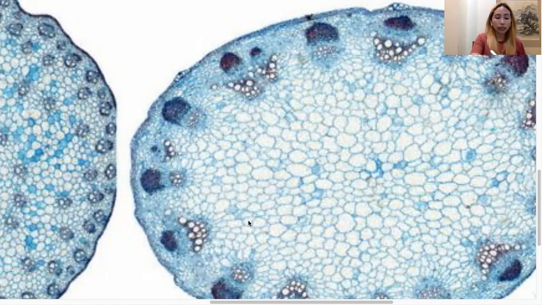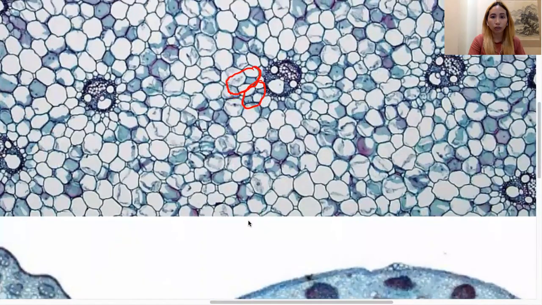The smaller xylem cells are the metaxylem. Okay? The bigger xylem cells are the protoxylem. Ganun din sa phloem. Medyo mas maliliit na lang ang phloem in comparison to xylem. So it's a bit difficult to see here. So siguro puntahan natin ito.